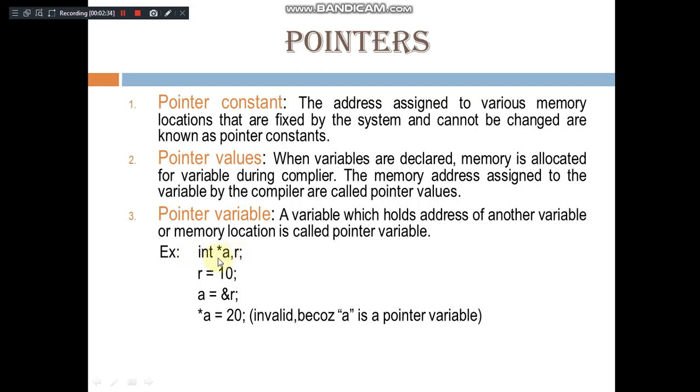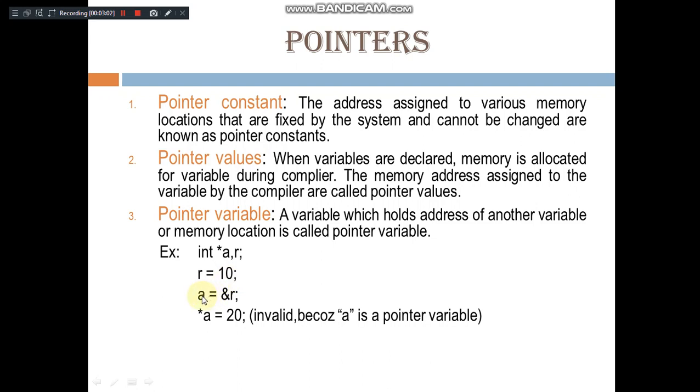So both have the data type int, but the pointer variable is always declared as an integer pointer. The meaning of int *a is that it points to an address where integer data can be stored. Now as r is a normal variable, r can take any integer value. So we have assigned 10 here.